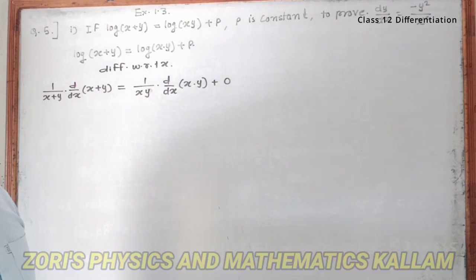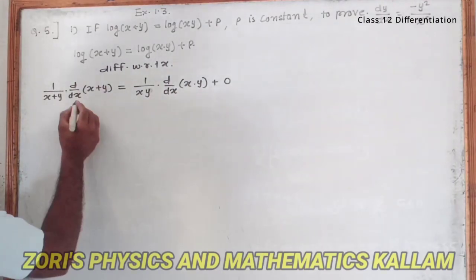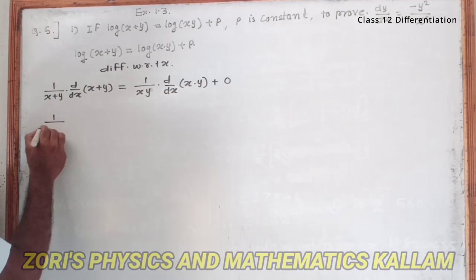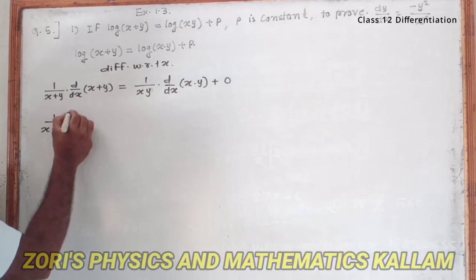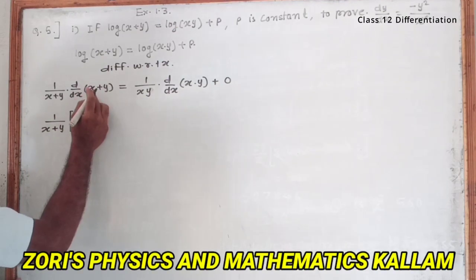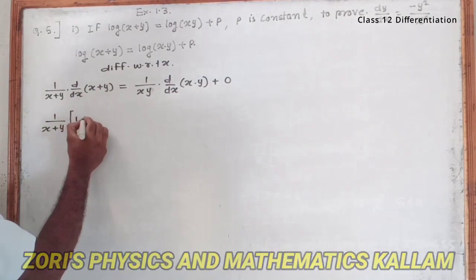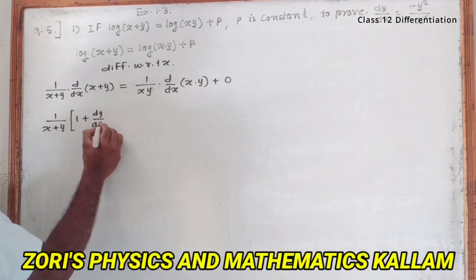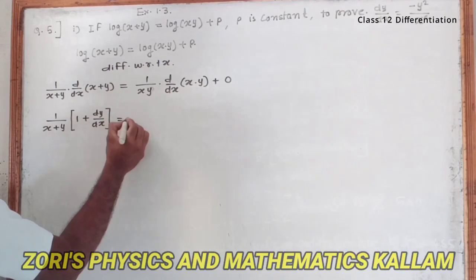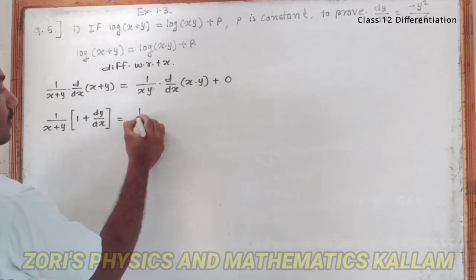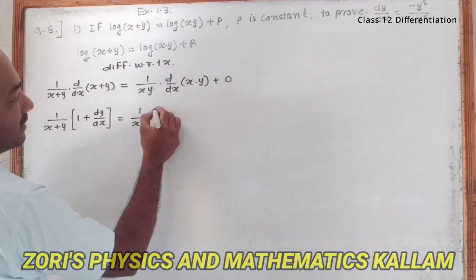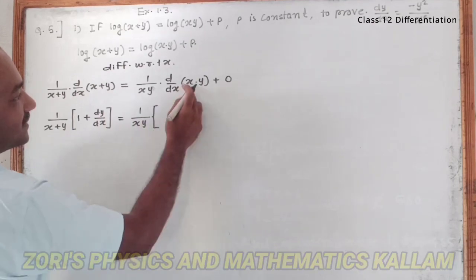So this is your first step. Move on to the next step: take the derivative of these two terms. So 1/(x + y) in bracket, the derivative of x is 1, and the derivative of y is dy/dx, is equal to 1/(xy) in bracket.